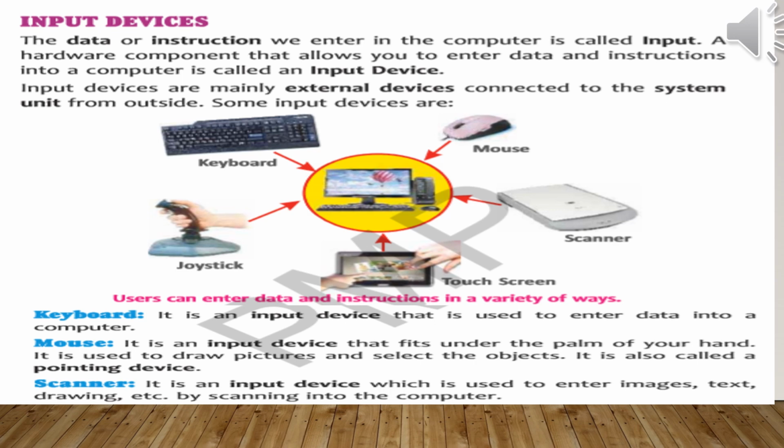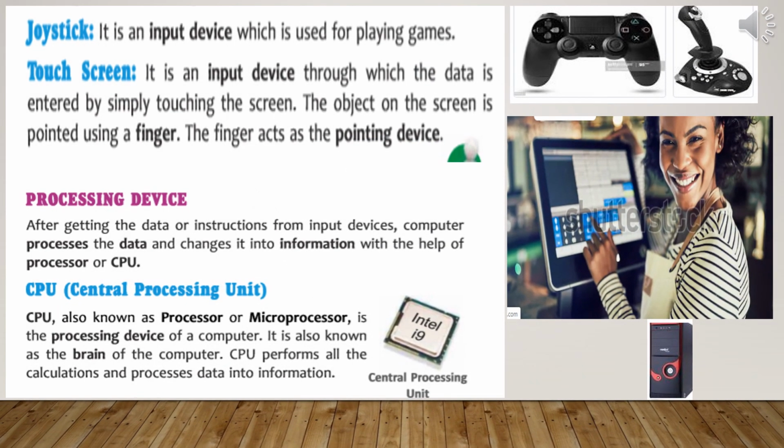Next is joystick. What is a joystick? Joystick is one more input device that tells the computer or your PlayStation how to play the game, where to move the object. It means it sets the directions for your objects.